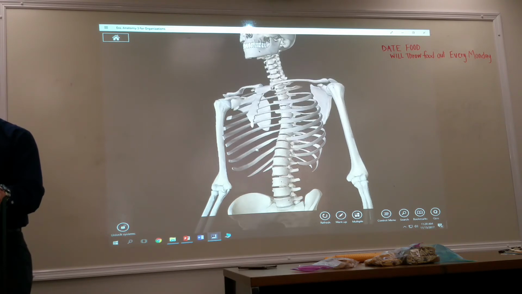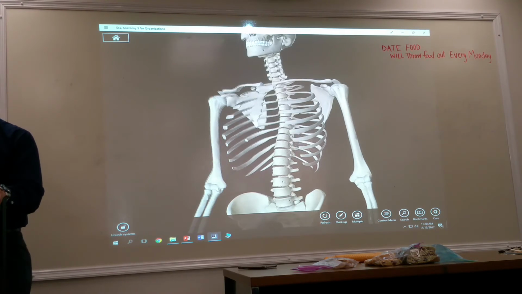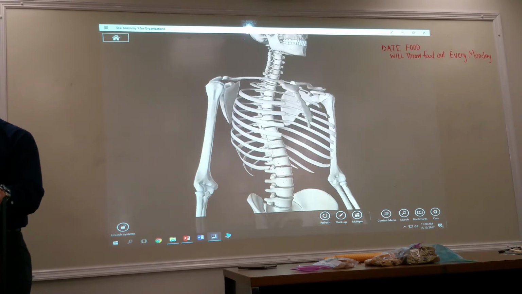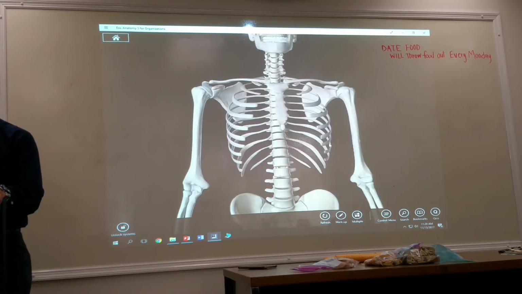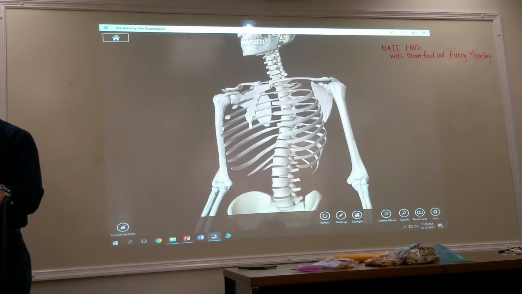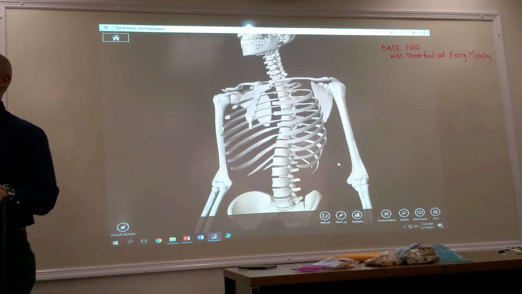The left is foreshortened, but now the right side is wide open. So this is an LAO. This is an RAO. Foreshortened, this opens up. RAO. LAO.